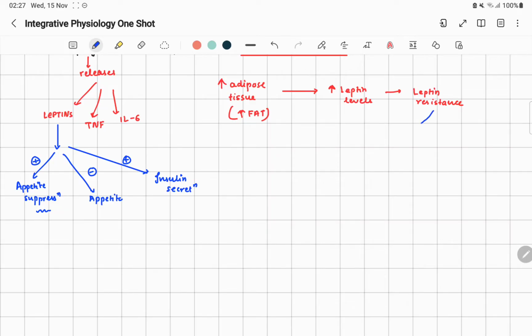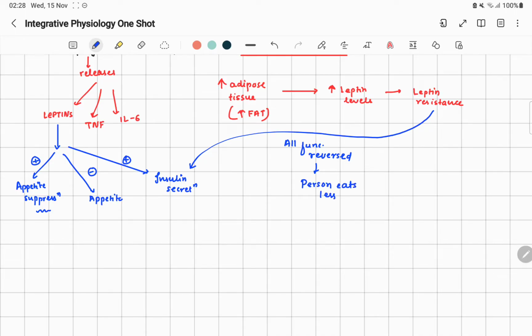So due to leptin resistance, all these functions are reversed. Normally, the person will feel complete after a meal and will not tend to eat more, so the person eats less.